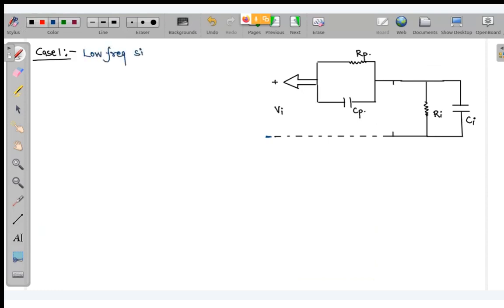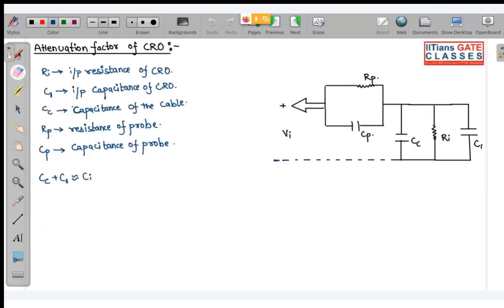When we are measuring a low frequency signal, omega is equal to 0. That means the capacitive reactance Xc will be infinite, so wherever we have capacitance, please remove it. One thing I forgot to tell, this is where we are going to take the output voltage V0.